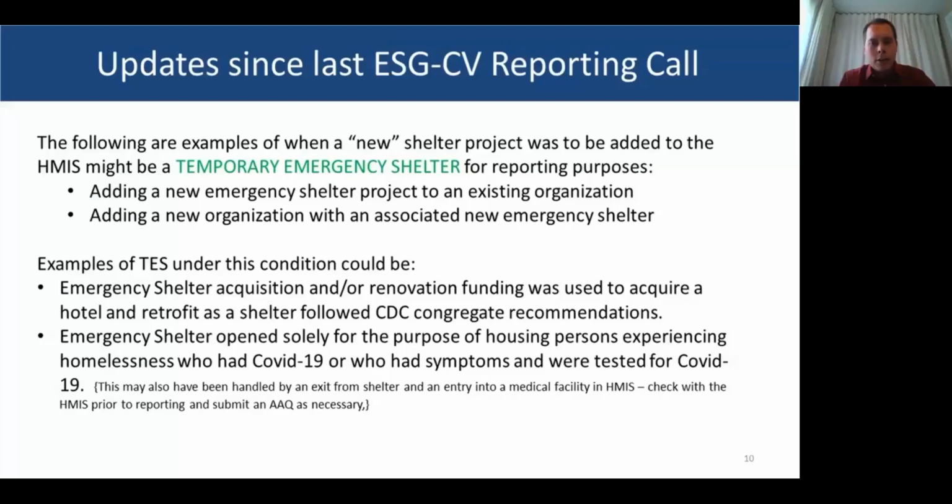At this point, I don't think that would make that, although you can submit an AQ. There are things that we know make it, right, like a rec center, for example, would count as a temporary emergency shelter if used under the criterion in slide 8. But this isn't a free-for-all for every single type of thing. And an Easy Up shade tent, I'm not sure where we would come out on that.